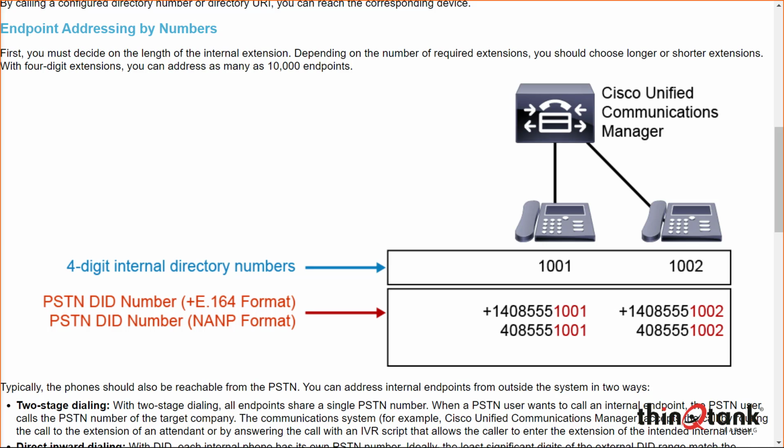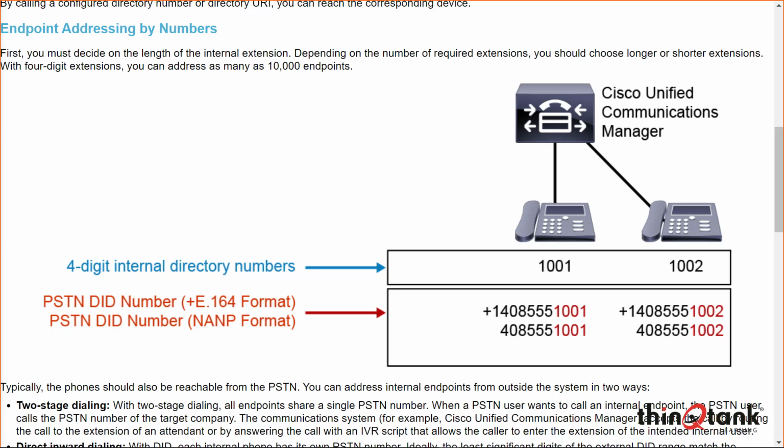E.164 is defined as a 15-digit number, with a maximum length of 15 digits, inclusive of that country code. In the case of this particular diagram, we're seeing this one-to-one relationship between the DID number and the internal directory number that's assigned to the phone. That would be ideal, of course.